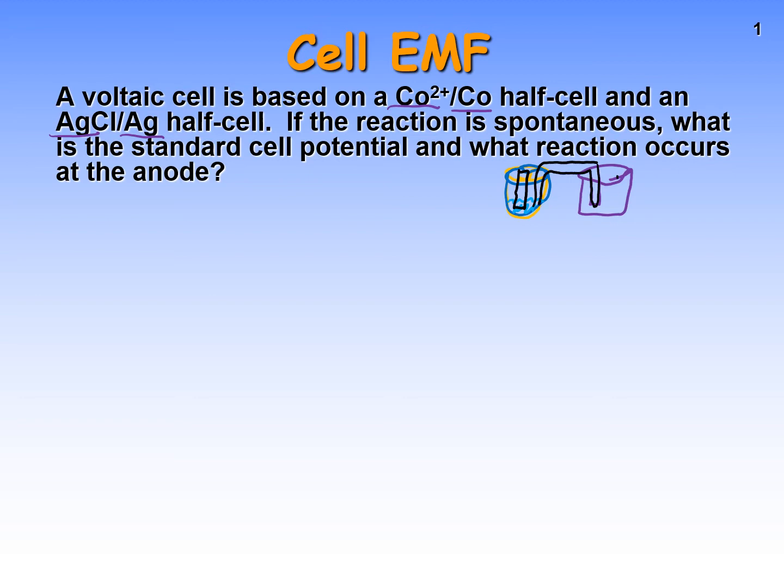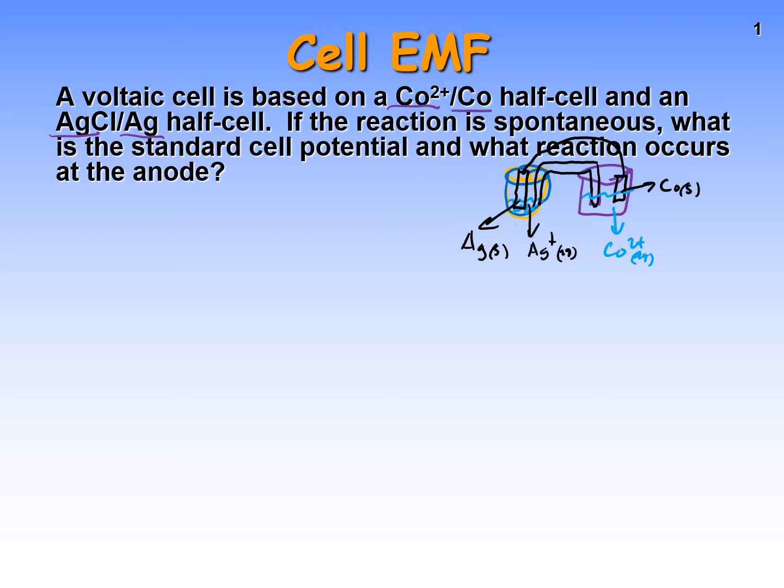And we have our other electrode, and these electrodes are connected by a wire. We have in this one Co2+ aqueous, and this electrode is cobalt solid, and in this one we have Ag solid, and this liquid is Ag+ aqueous.